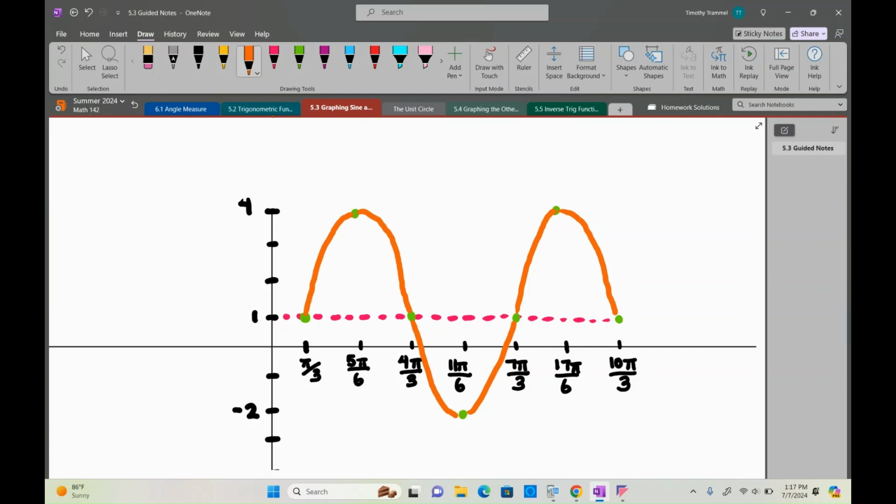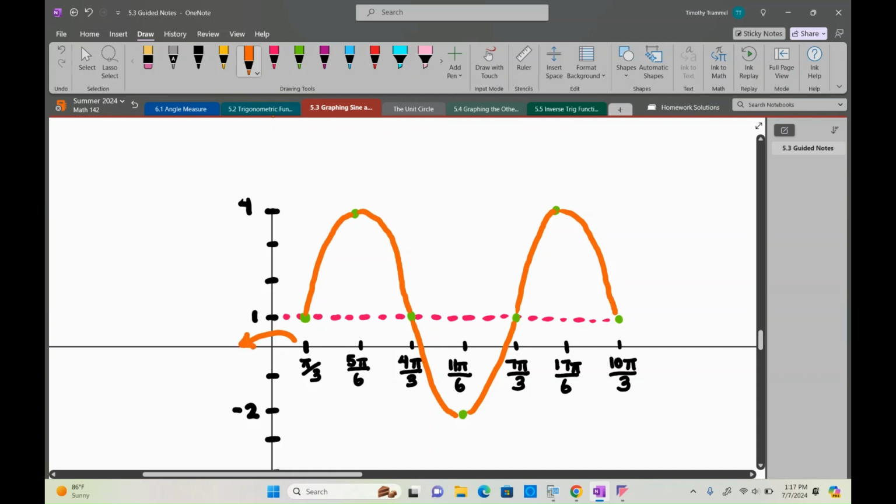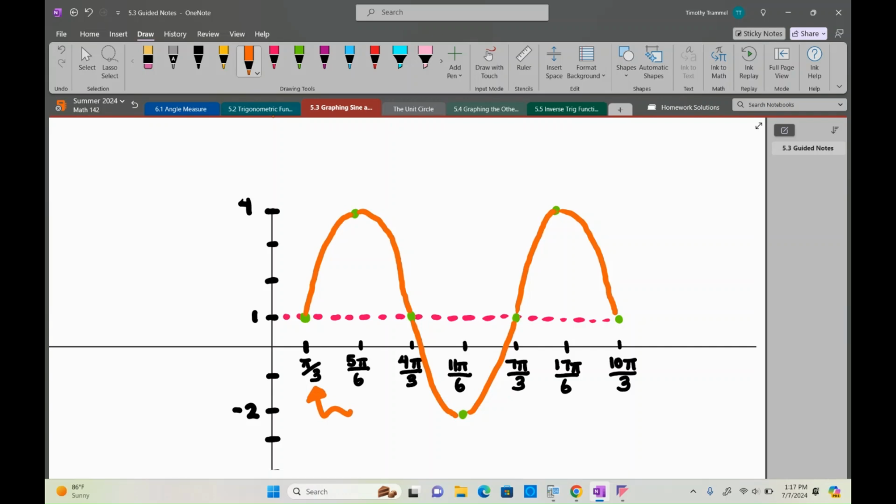Now, let's say again we did want to extend in this direction a little bit. Well, we were adding pi over 2 to move to the right. Now we'd want to subtract pi over 2. So if you subtract the pi over 2 from this, I believe we're going to get minus pi over 6. And that's going to land us about right here.